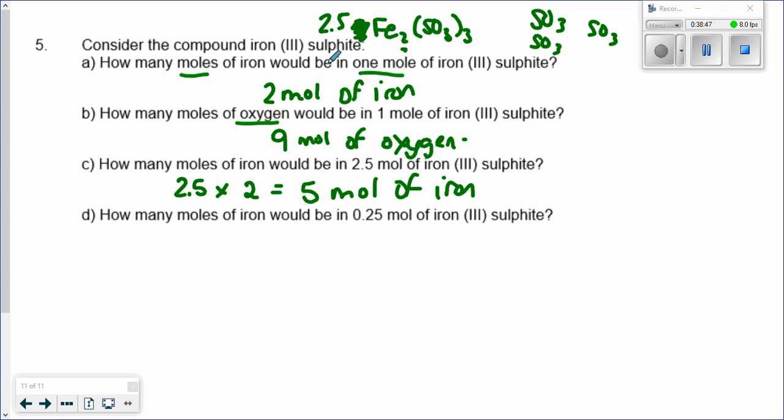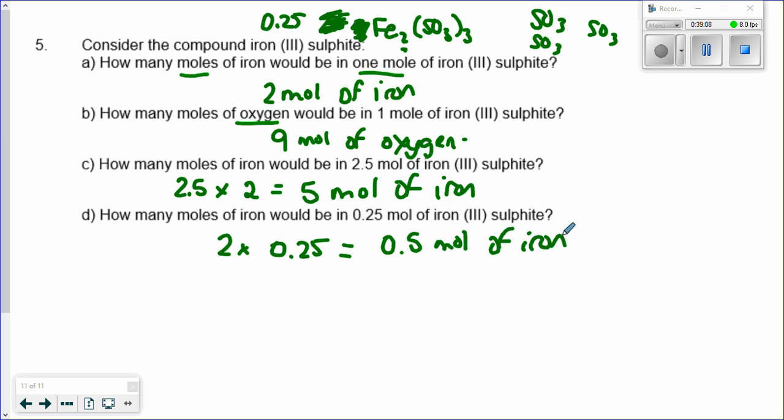And now the last question, hopefully you're not doing this too, is asking how many moles of iron would be in 0.25 moles of iron 3 sulfite. So 2 times 0.25, sorry, I've switched the order from the last one, is 0.5 moles of iron. So you could see that type of question as well.